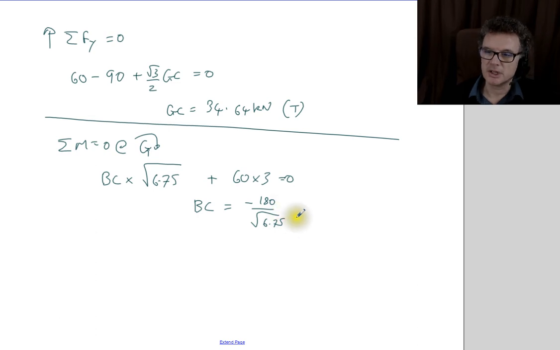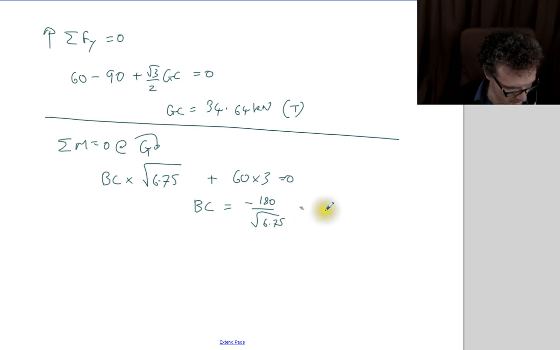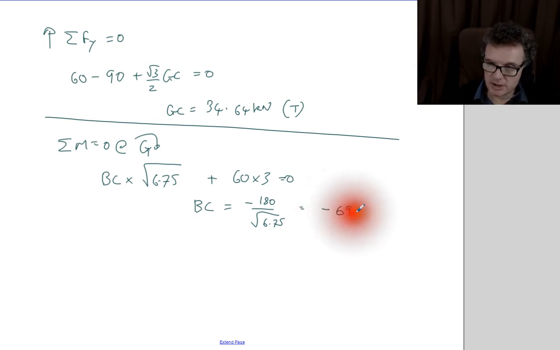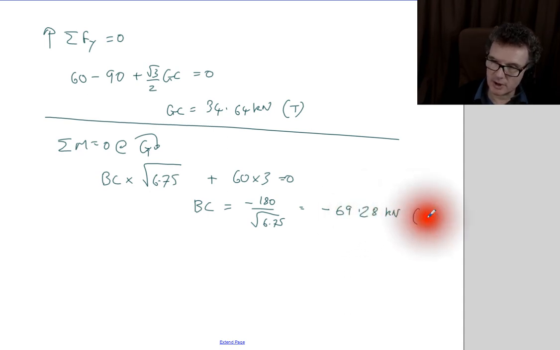That's something you want to stick in your calculator. Maybe the calculator will work out what the rational numbers should be, but we want the final result in decimals, and that is minus 69.28 kilonewtons. So therefore that one is going to be in compression.